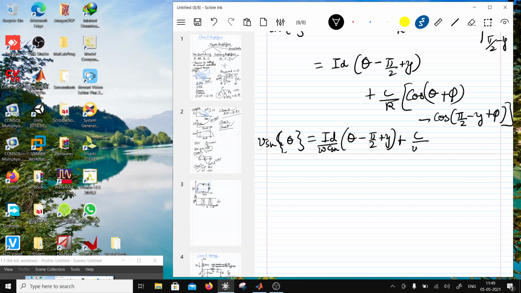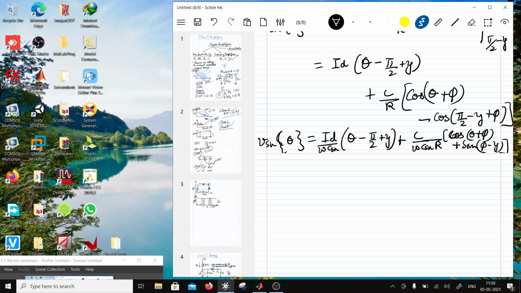Similarly, C by omega CSH r, and this would be cos of theta plus phi minus 90 plus theta, minus sine theta, sine of phi minus y, correct?